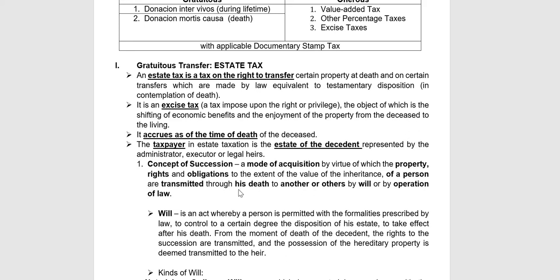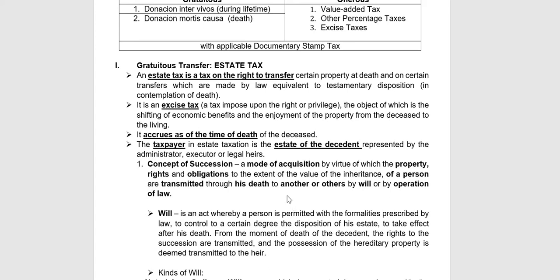We'll discuss the basic concept of succession. Succession is a mode of acquisition by virtue of which the property, rights, and obligations, to the extent of the value of the inheritance of a person, are transmitted through his death or another's, by will or by operation of law.